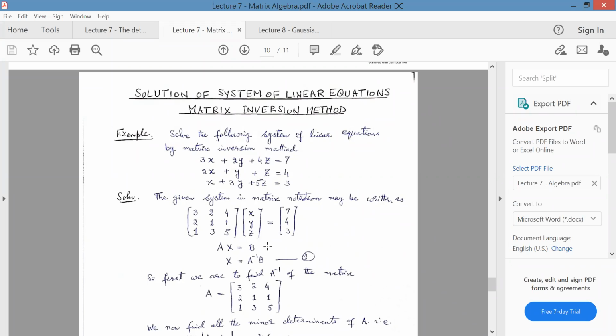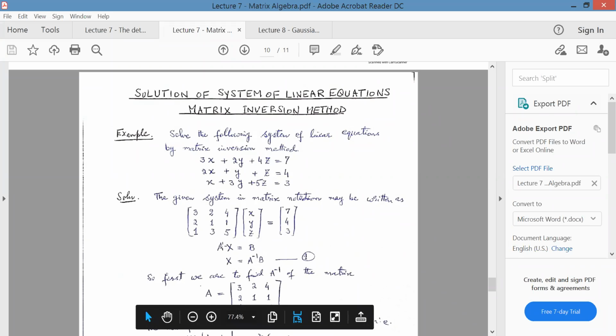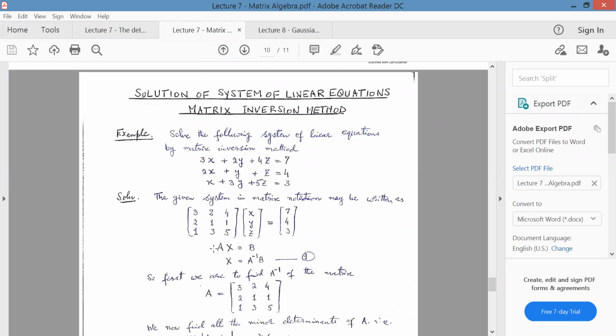So you can't divide B with A. So what we do, we shuffle this A to the right side by writing it as A inverse B. A inverse B. This will be the solution.